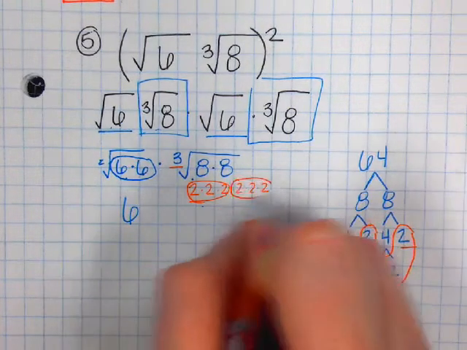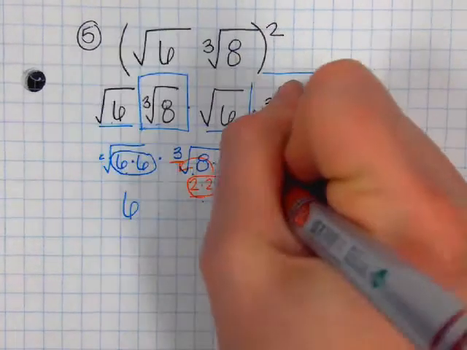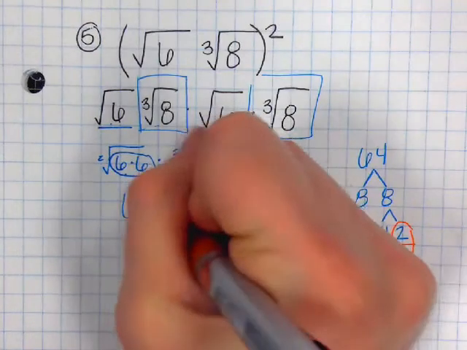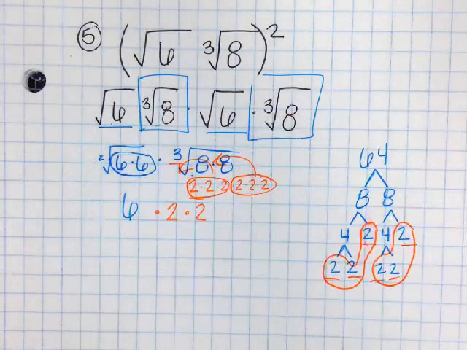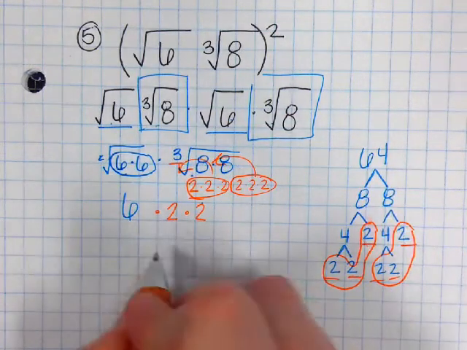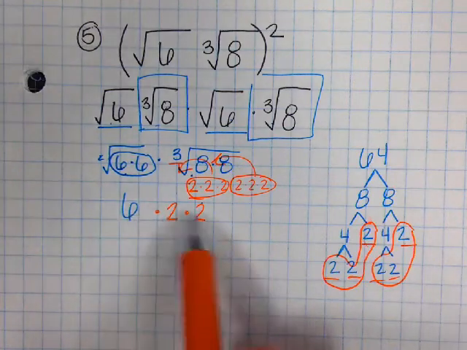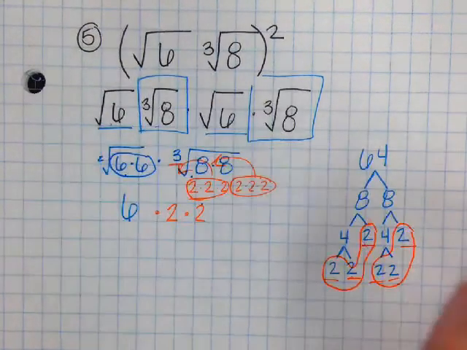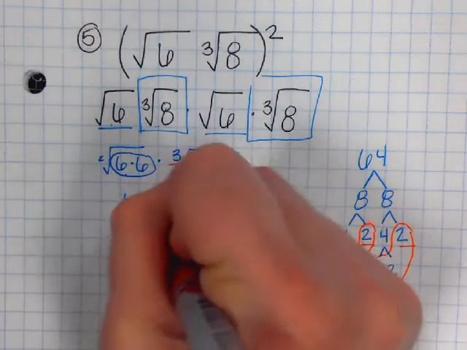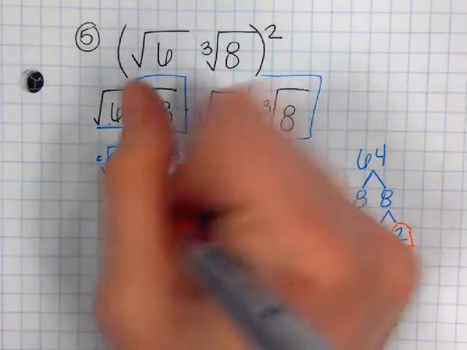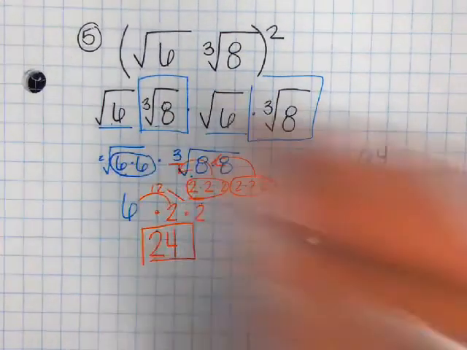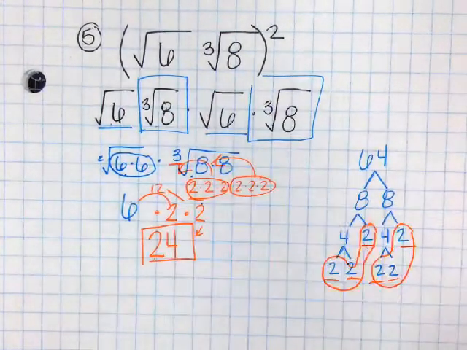So a 2 comes out, and a 2 comes out. So it would be 2 times 2. I'm just going to finish simplifying it by doing 6 times 2 times 2. Well, 6 times 2 is 12, times 2 is 24.